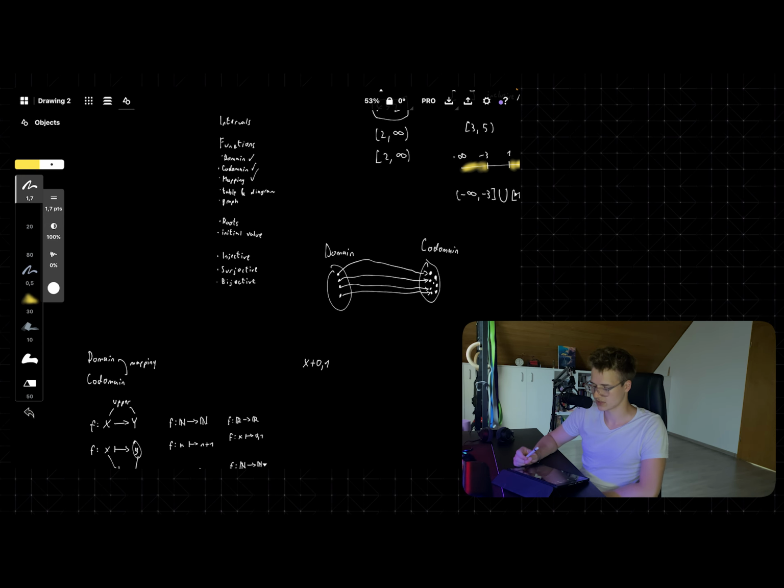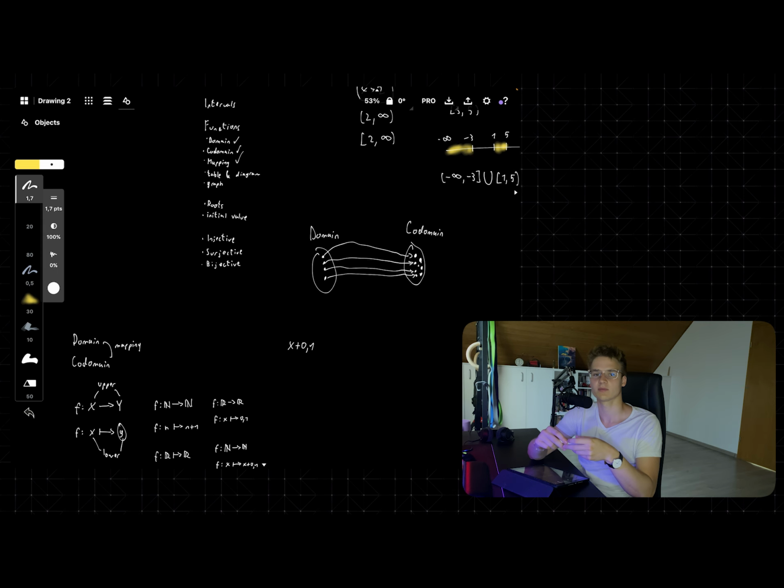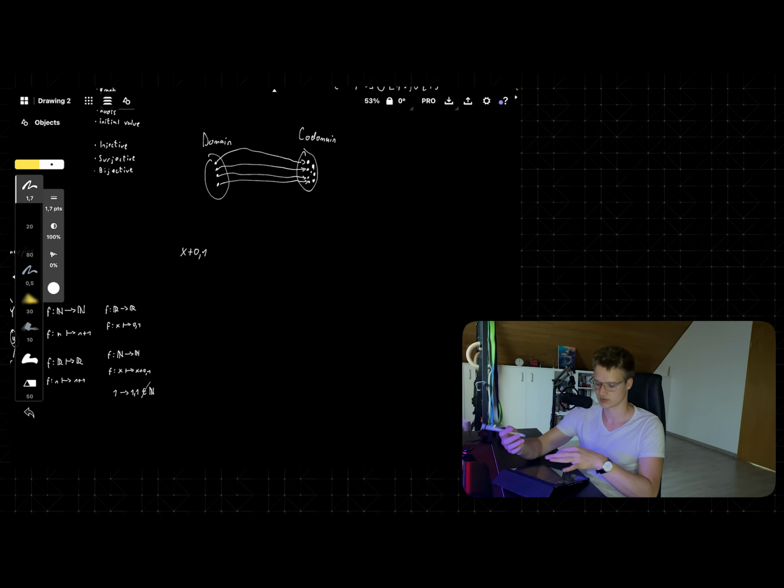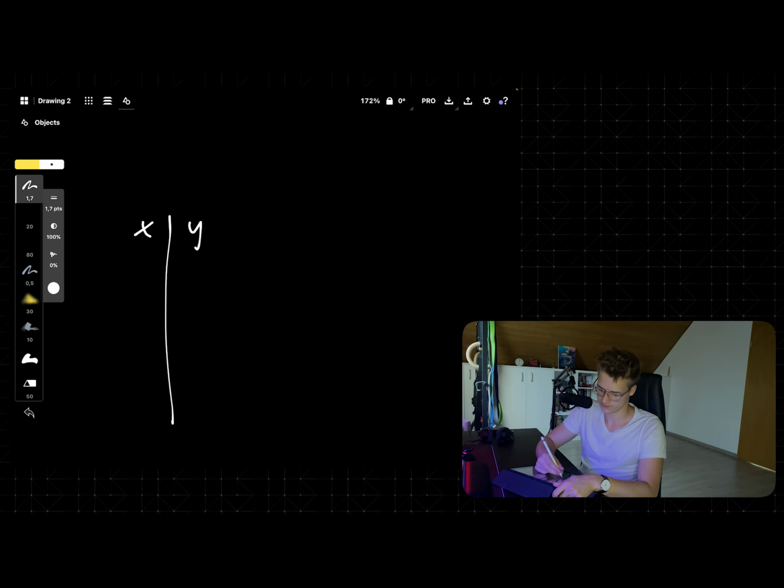Now, let's talk about how we actually draw these functions. What we talked about right now was the numerical aspect, how we write them numerically. What we can also do is graph them, and we have three major ways to do it, and one of them is actually the most important one. The first is using a table. So you might say x, and then we say y.